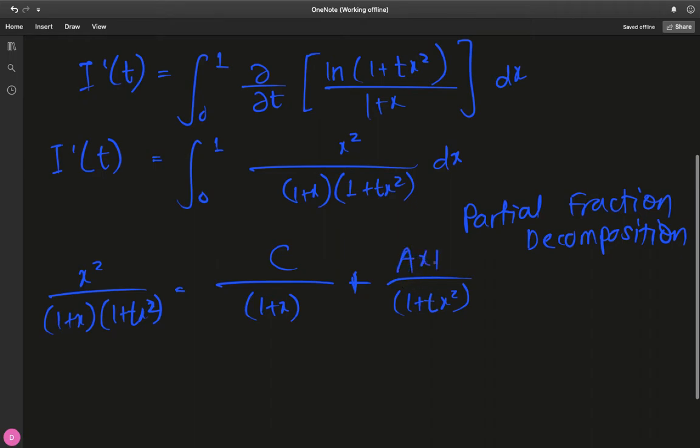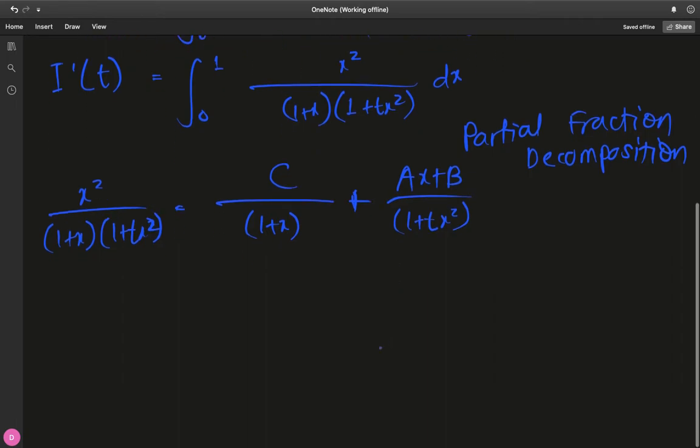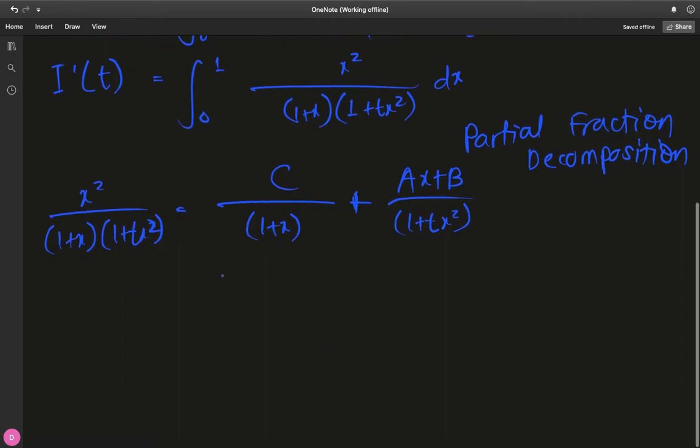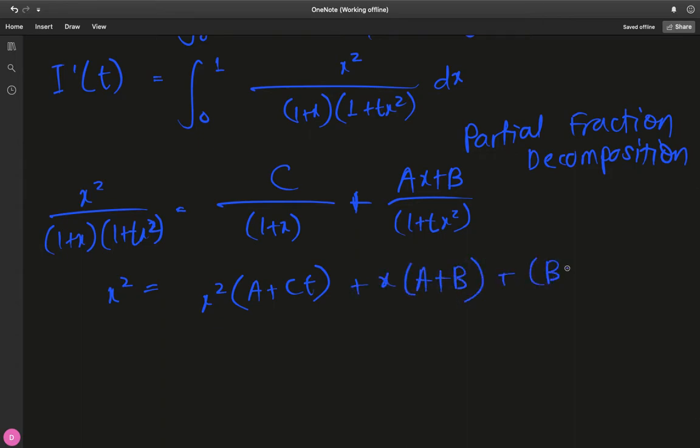Let's call that ax plus b. And when you take the LCM and everything, you can cancel out the denominators on both sides. You have x squared equals, grouping like terms, a plus c t x squared plus x times a plus b plus b plus c.